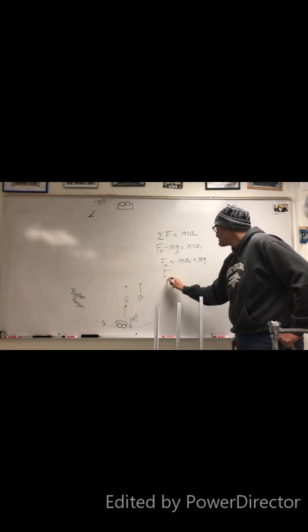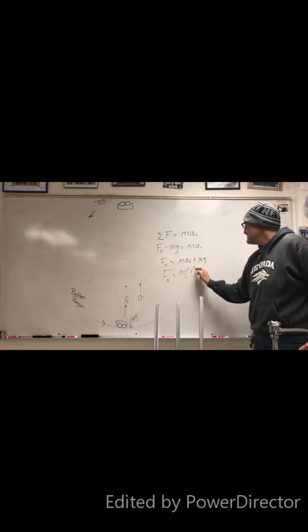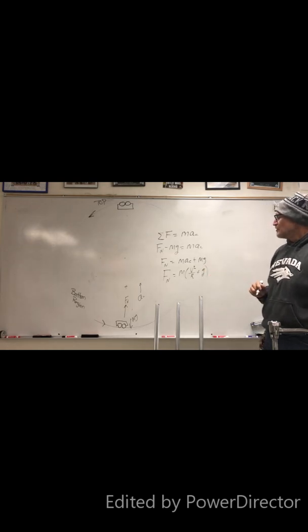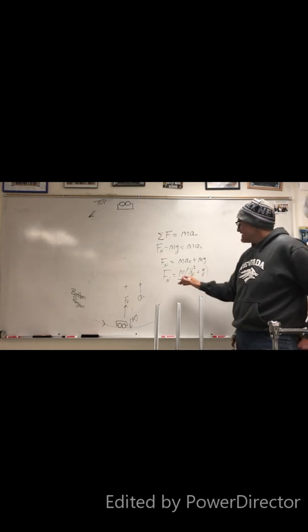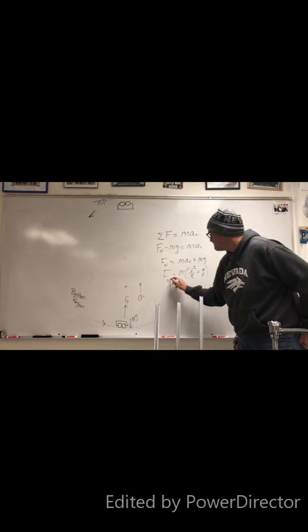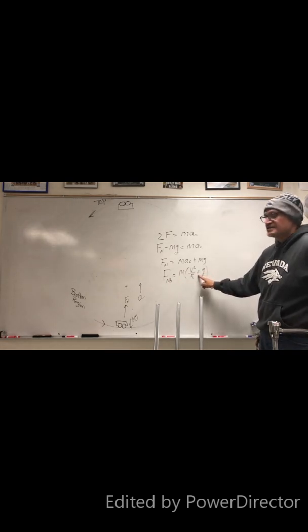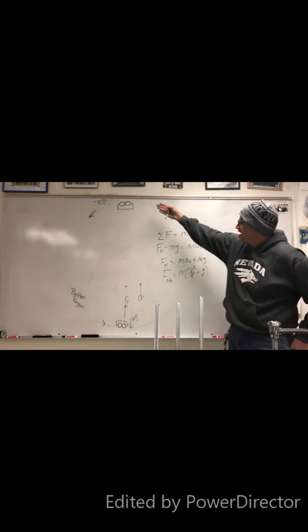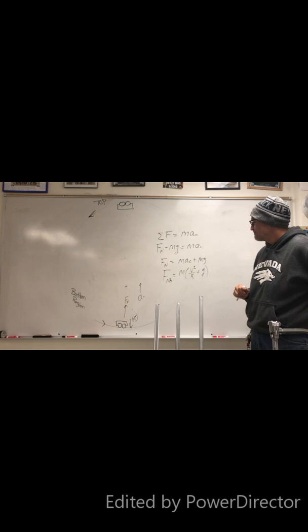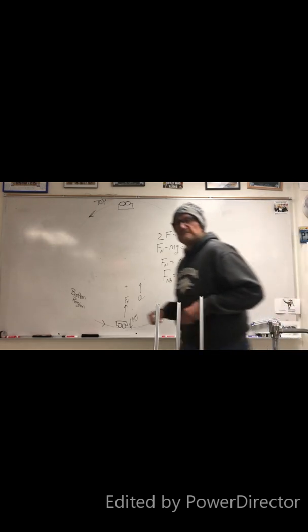I can factor out m, and a_c is v squared over r, so N = m(v squared over r plus g). Just like the tension problem, I can calculate the normal force when it's at the bottom region. We'll call it N_B, the normal force at the bottom. Notice this is a positive g, where at the top it was a negative g. From here we can calculate speed, mass, radius, g, and the normal force N_B. Thank you very much.